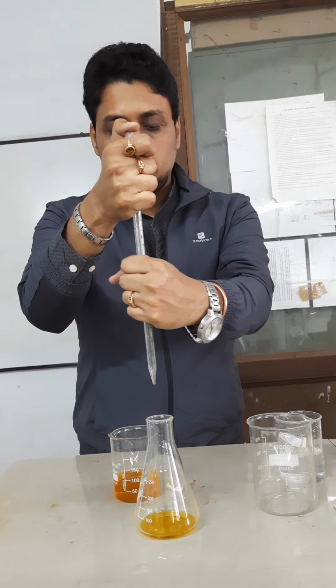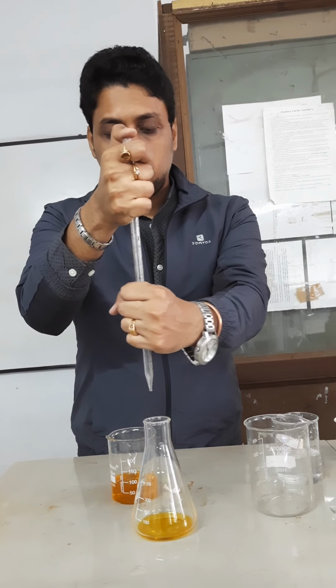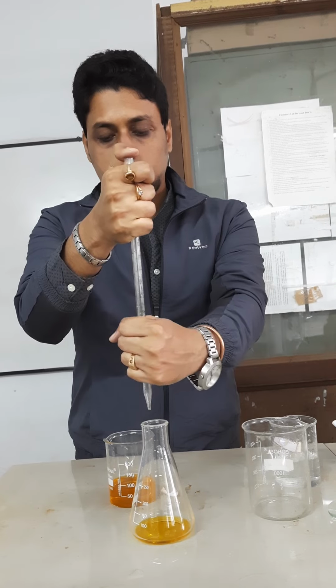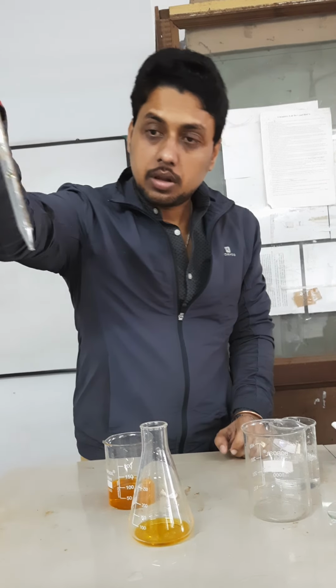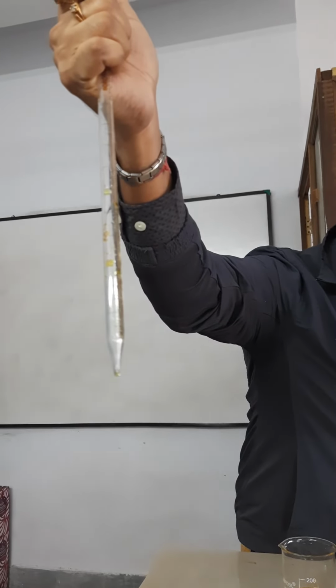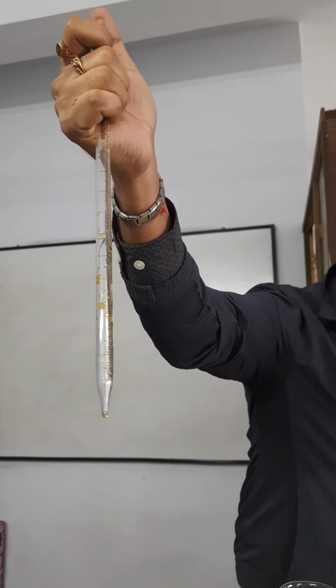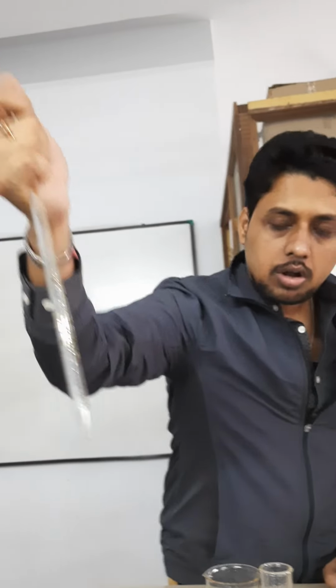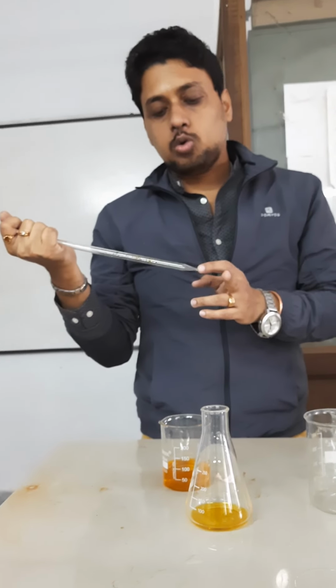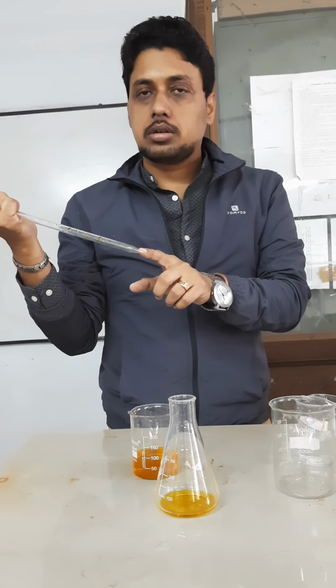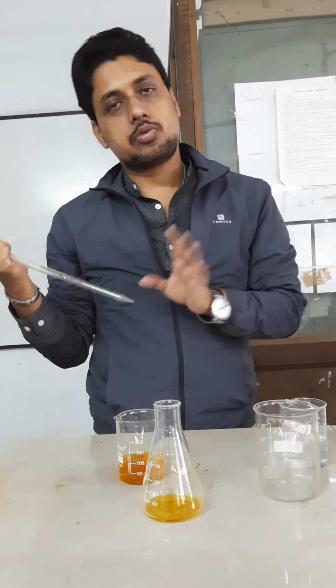Just rub your pipette. Now look here, there is no liquid left at the tip of the pipette. So this is the way to take the last portion of liquid from the pipette.